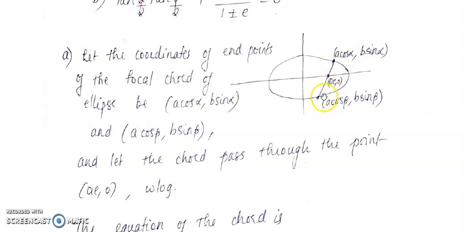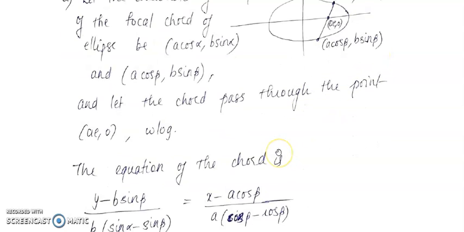We will find the equation of the line joining these two points, (a cos alpha, b sin alpha) and (a cos beta, b sin beta).